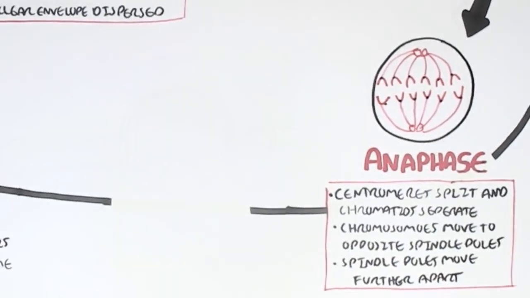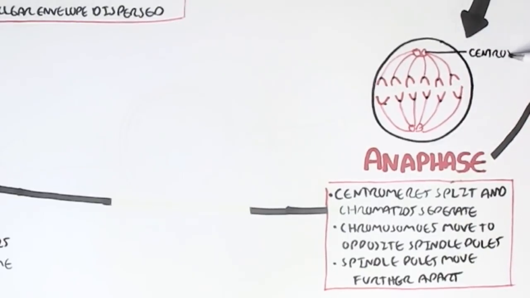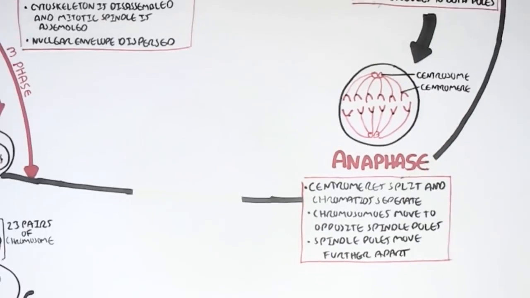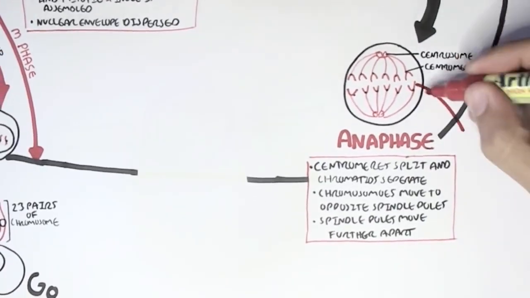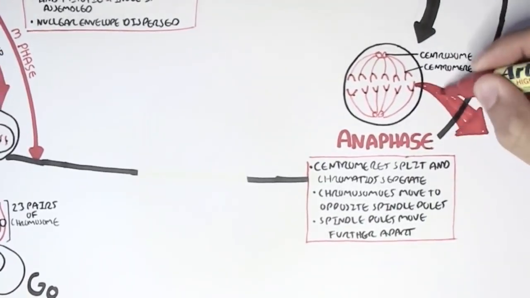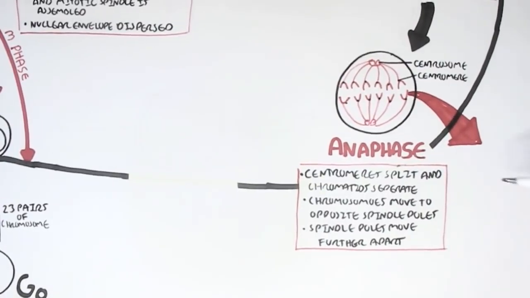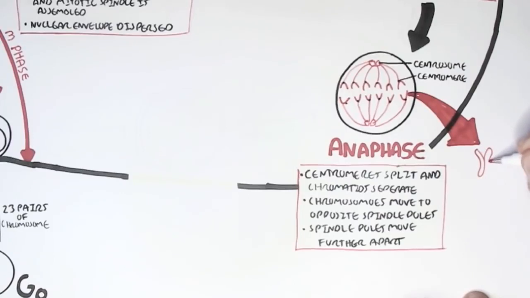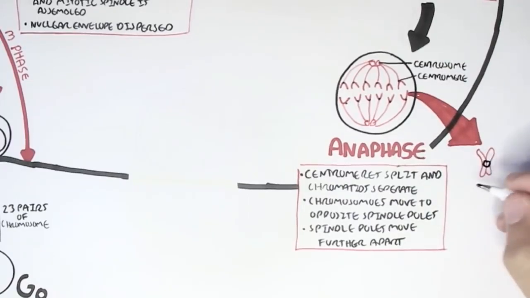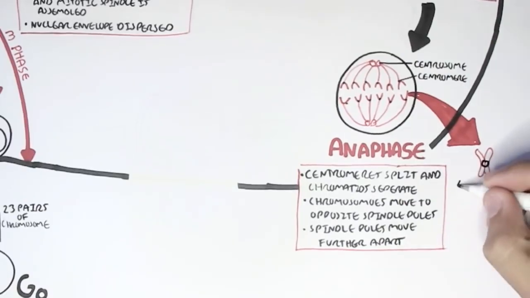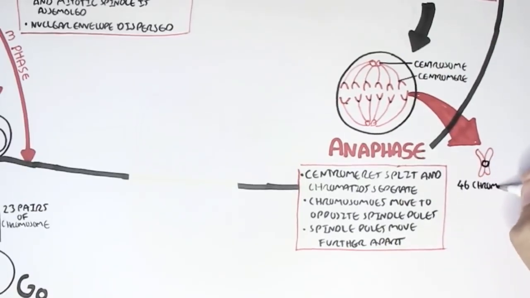So just recapping, this is the centrosome and this is the centromere, which previously held the duplicated chromosome. Let's look at what happens with the genetic material during anaphase. Before anaphase, we had duplicated chromosomes, 2 chromatids per 1 chromosome, so in total 46 chromosomes and 92 chromatids.